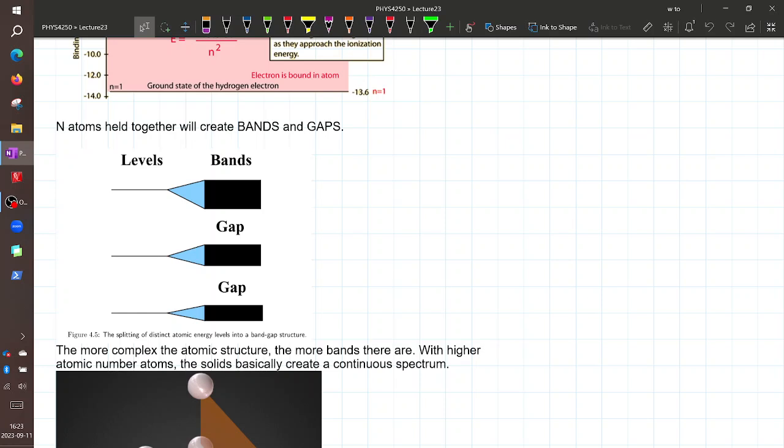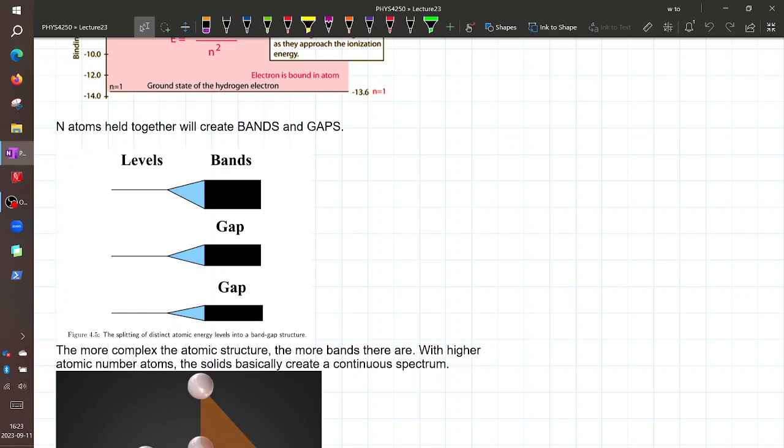If you put 10,000 hydrogen atoms together, this will be n equals 2, this could be n equals 3. Each of them has a different band, okay? One more vocabulary: the gaps between the bands are called band gaps, okay? Hopefully that's not too hard.